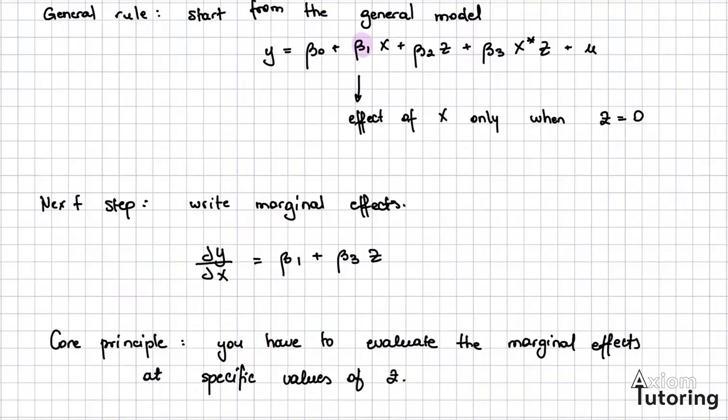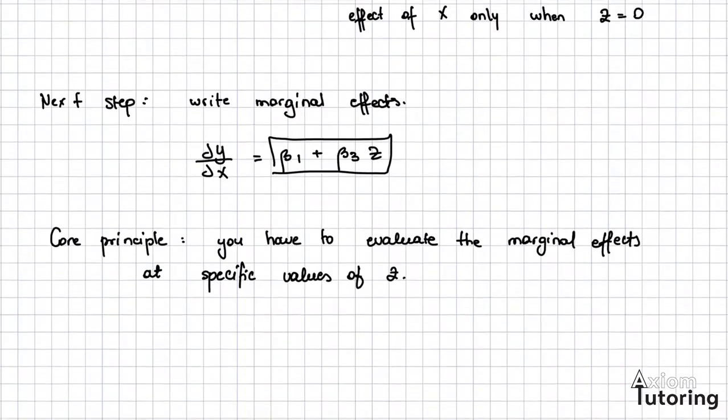Okay, this is the key habit you need to build. So don't report beta 1 alone, but report beta 1 plus beta 3 z at meaningful values of z. And if your question is, what are common choices if I need to present these at meaningful values of z?